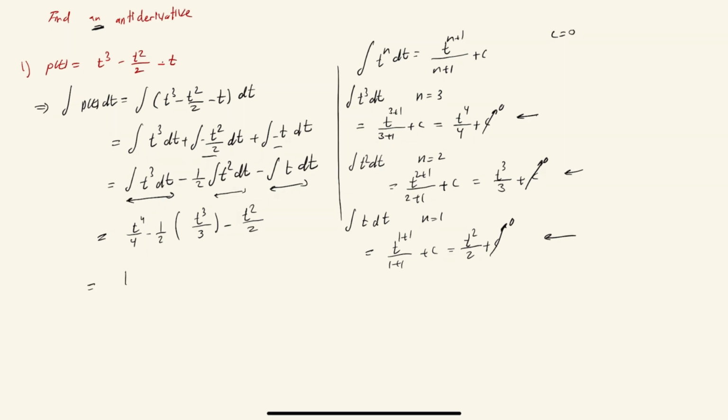Now I'm going to simplify. I'm going to multiply for the second term half by 1 over 3. And that's our resulting antiderivative. Notice this is only one antiderivative of the function p of t.